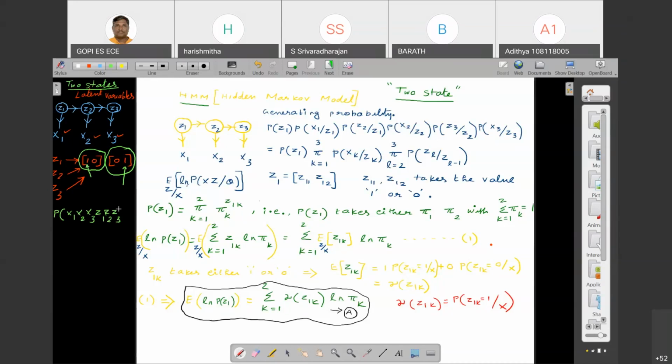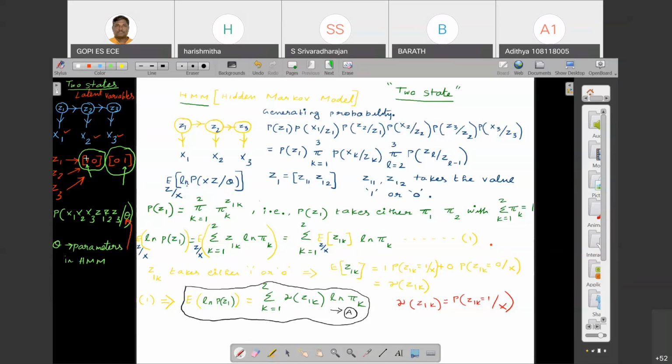Given the parameters, all the parameters together we represent in the form of theta. As you know, this theta indicates the parameters. What are the hidden parameters available in the HMM? So what are those things?